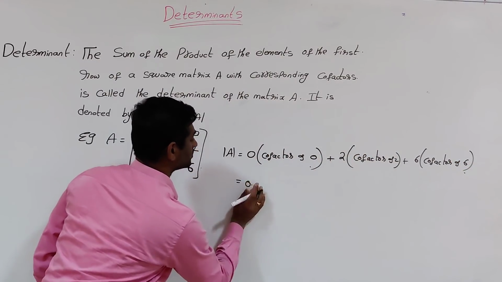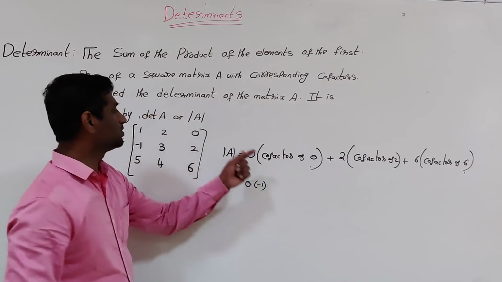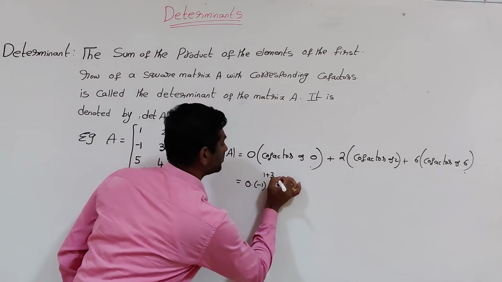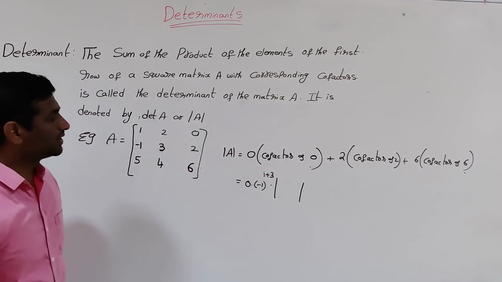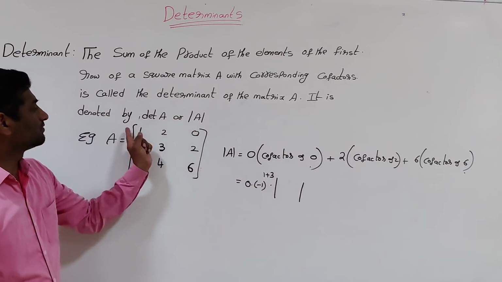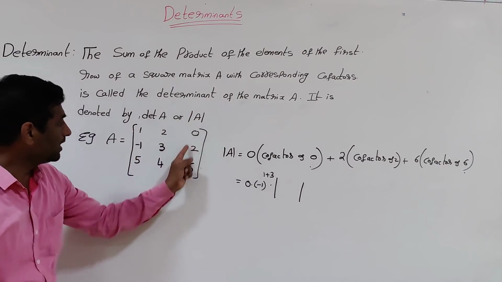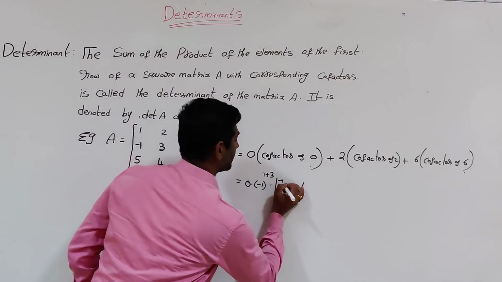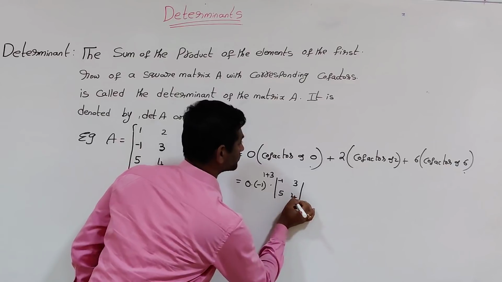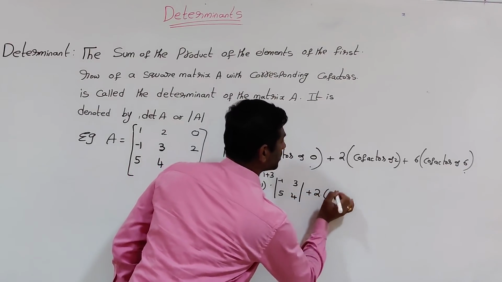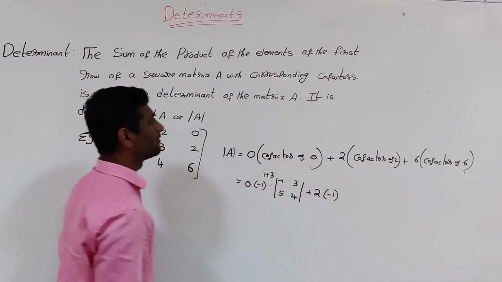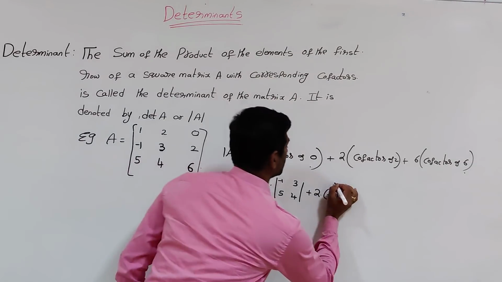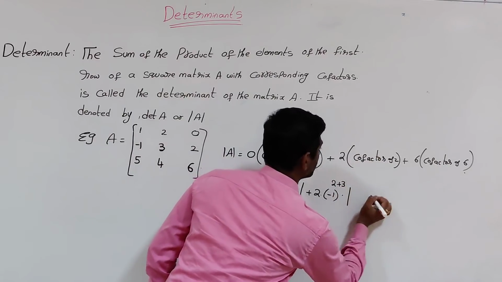0 into minus 1 whole to power of, 0 is located in the first row, third column, 1 plus 3, into determinant of, that is minor of 0. Minor of 0 is found by hiding the first row and third column. You will be left with minus 1, 3, 5, 4. Plus 2 into cofactor of 2, minus 1 whole to power of 2 plus 3, since it is located in the second row, third column, into minor of 2.